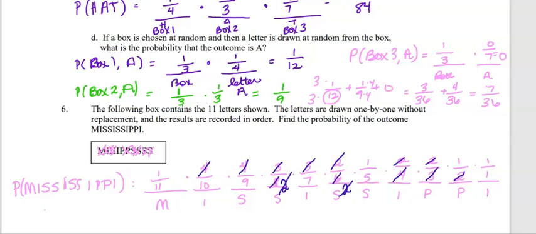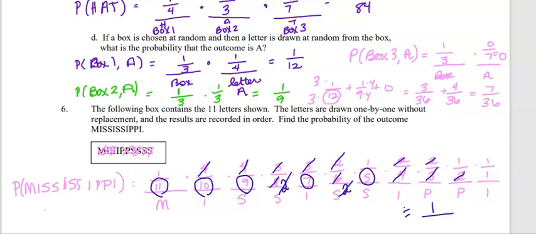So then I would just multiply everything that's left. All the tops are now 1s. In the bottom, I would need to multiply 11 times 10 times 9 times 7 times 5. Everything else is down to a 1. So I would multiply those numbers, and when I do that, let's see what we get.